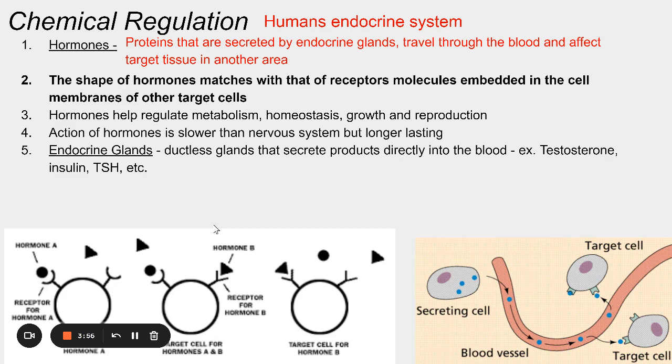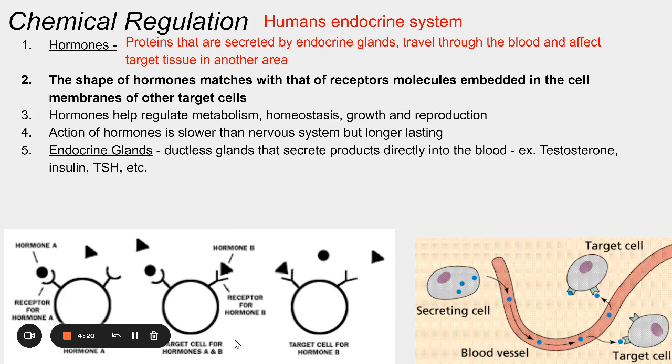You could see this blue hormone matches with these receptor molecules. So it's going to probably cause something to happen with the cell, cause some change to happen. If this cell didn't have the proper receptor molecules, this hormone would not affect it at all. It would just go right past it because it doesn't have the proper receptor molecules.